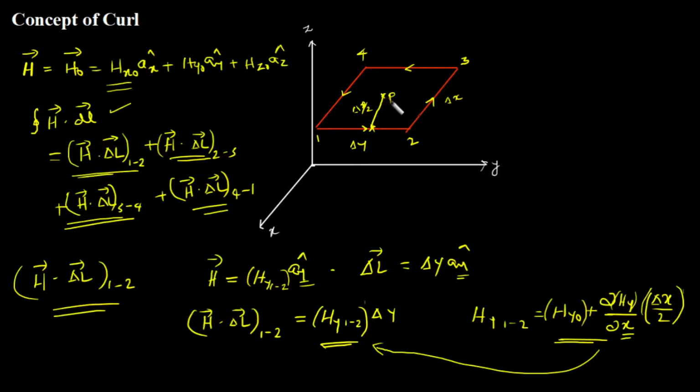So the initial magnetic field intensity at point P plus the rate of change of magnetic field intensity along y direction for a distance delta y by 2. That will give you the second.